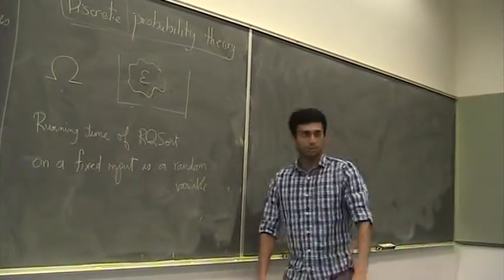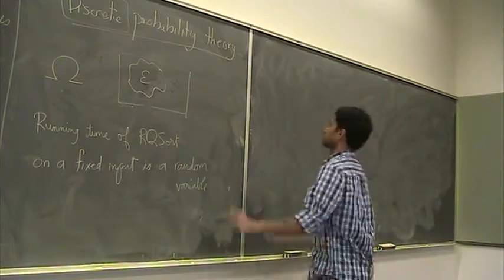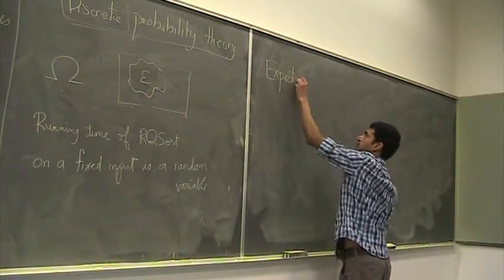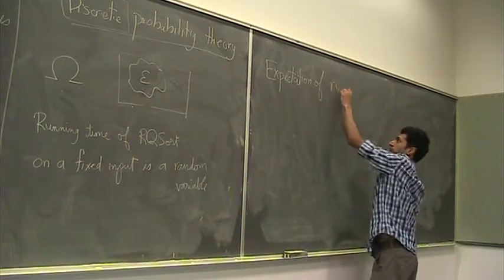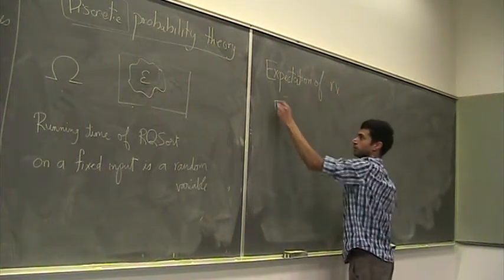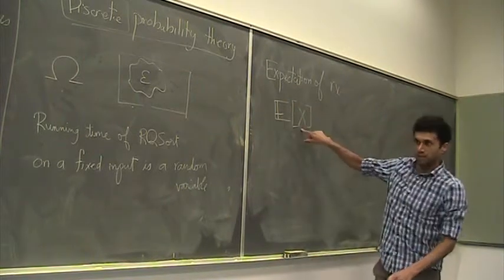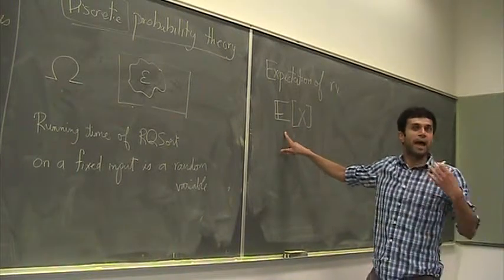Now the technical term for average is expectation, the expectation of a random variable, often denoted as E of x. So x is your random variable, and expectation is really our notion of average.